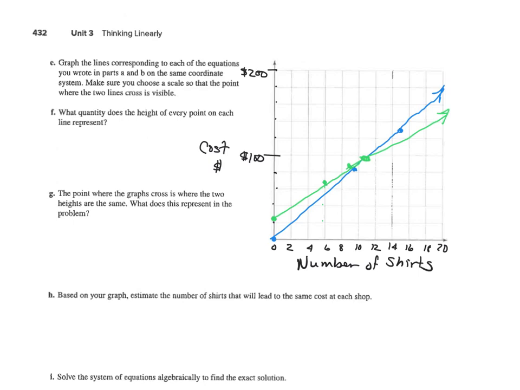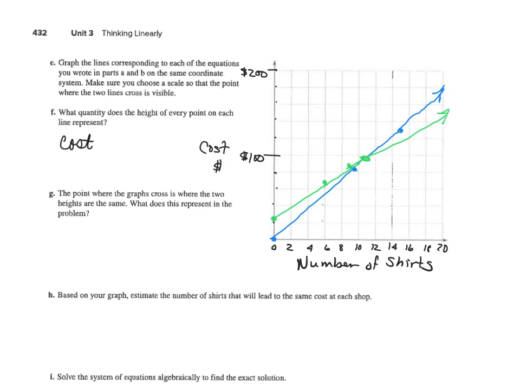Okay, so it says, what quantity does the height of every point on each line represent? The height, that's the output, so it would represent the cost. The point where the graphs cross is where the two heights are the same. So what does this represent in the problem?